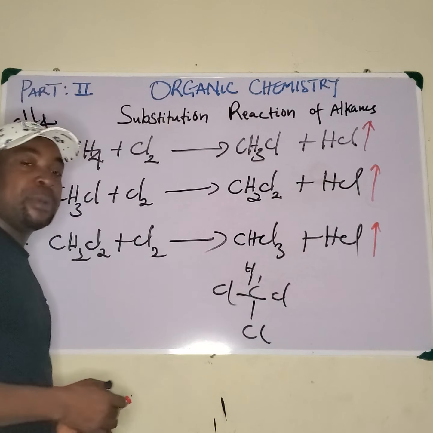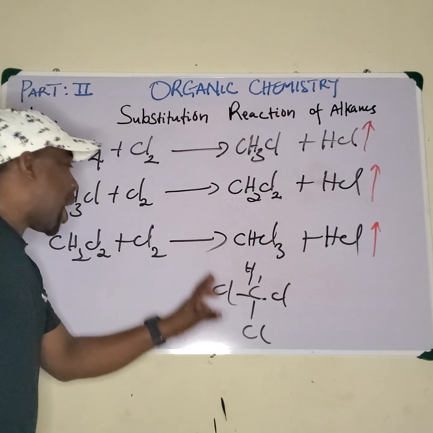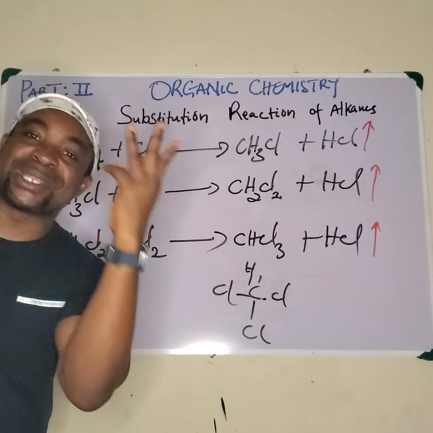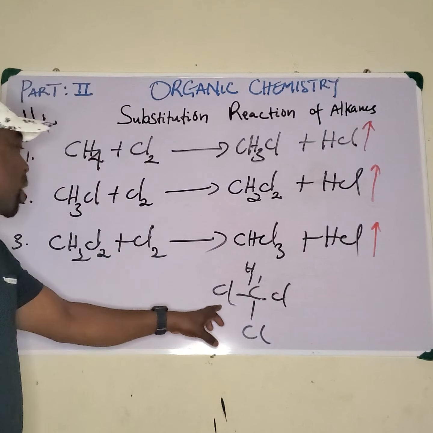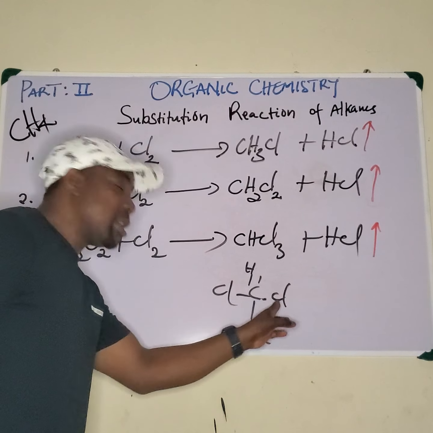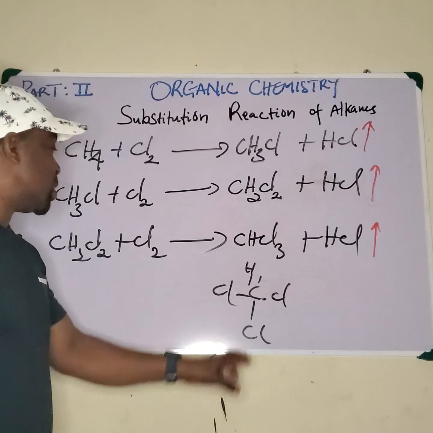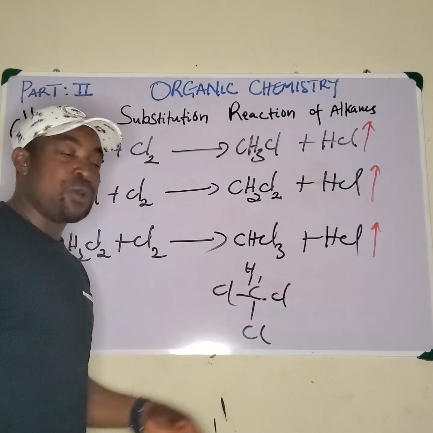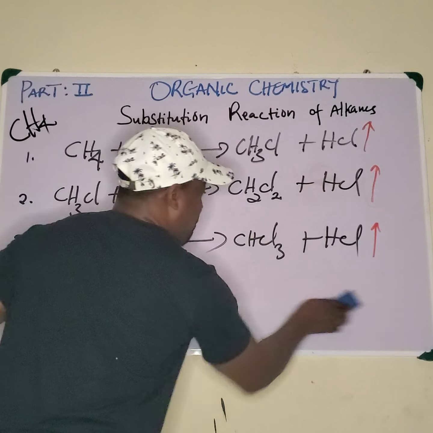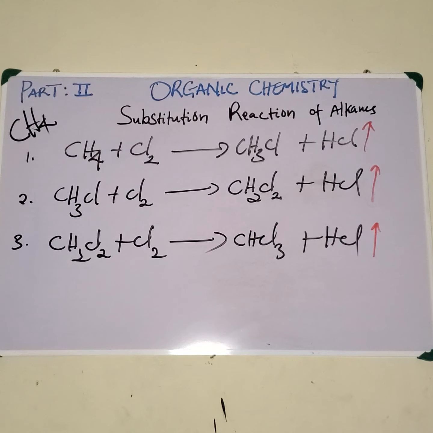The parent hydrocarbon is still one, so this one is 1, 1, 1, which means it is trichloromethane, because we have three chlorine atoms attached to the parent carbon, which is methane. I'm not writing the name because I've not done the IUPAC naming of these compounds. My next class will dig into it.